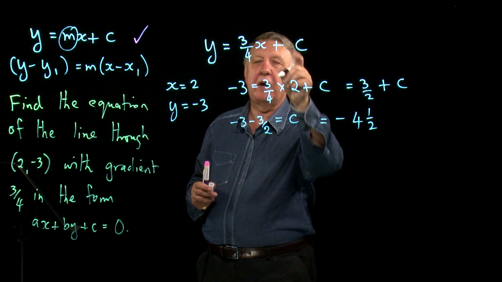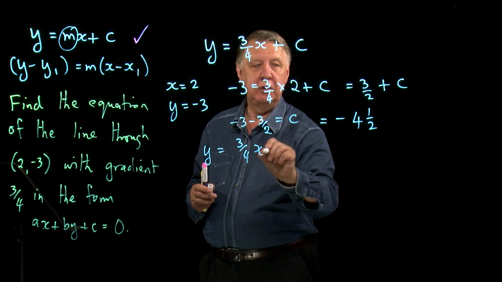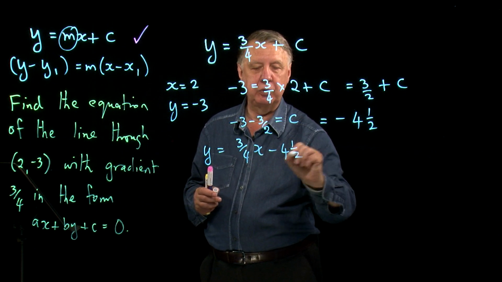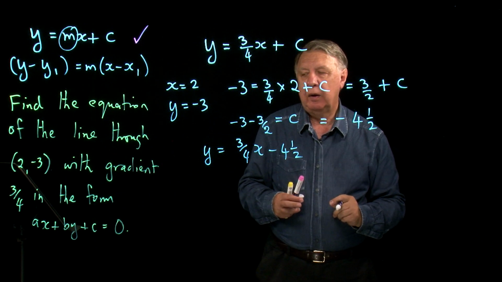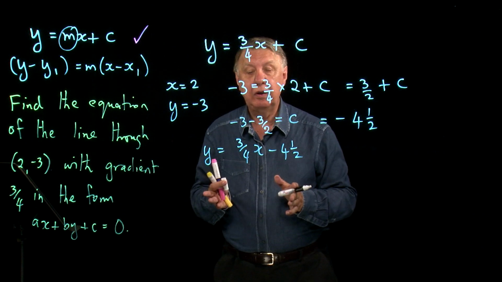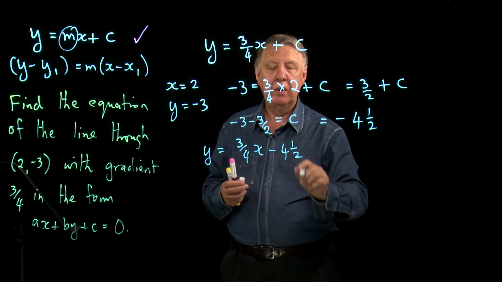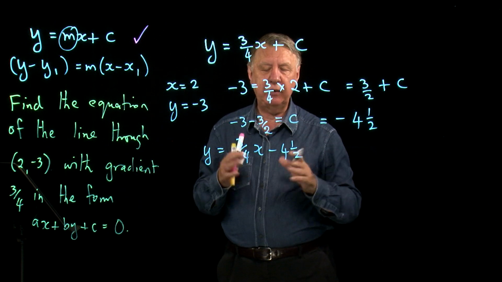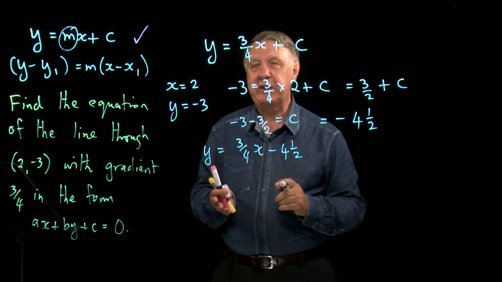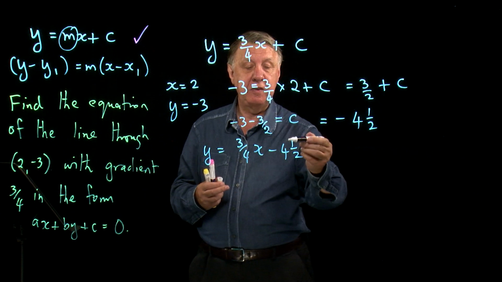So my equation then is y equals 3/4 x, take away 4.5. Is it in the correct form? Well, no, it isn't. It's in the y equals mx plus c form. So we look at this and we say, okay, we've got some fractions there, can we get rid of them? Well, this one's in quarters, this one is in halves.